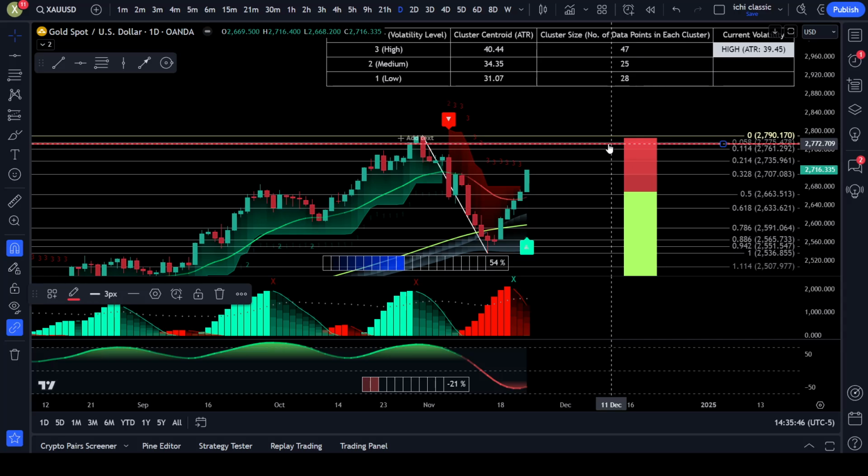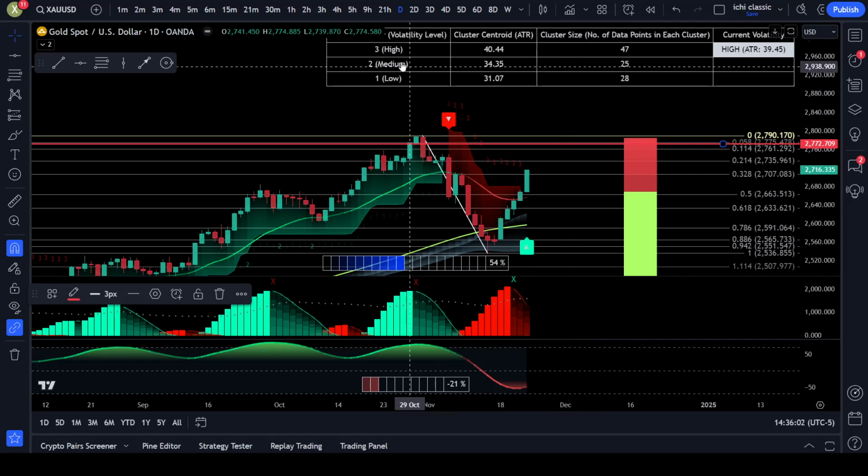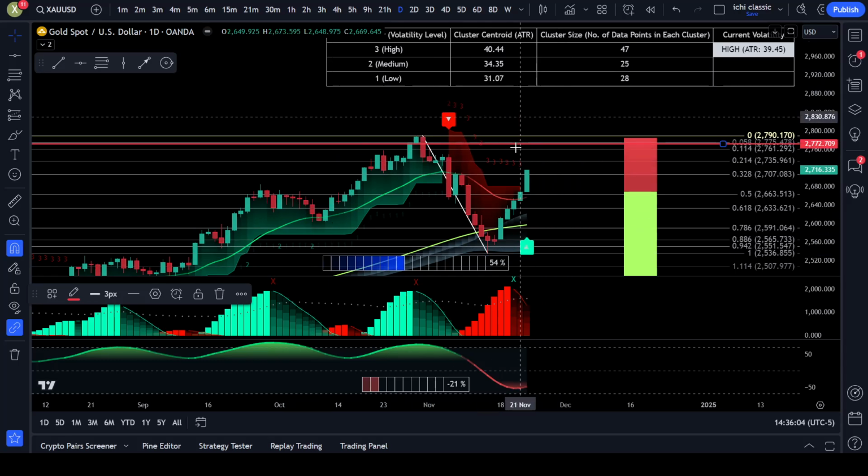It would have to close above 2,775 on the daily candle. If that happens, it can pull back, but it would definitely go up to almost 3,000. Okay, so this is a long term view.